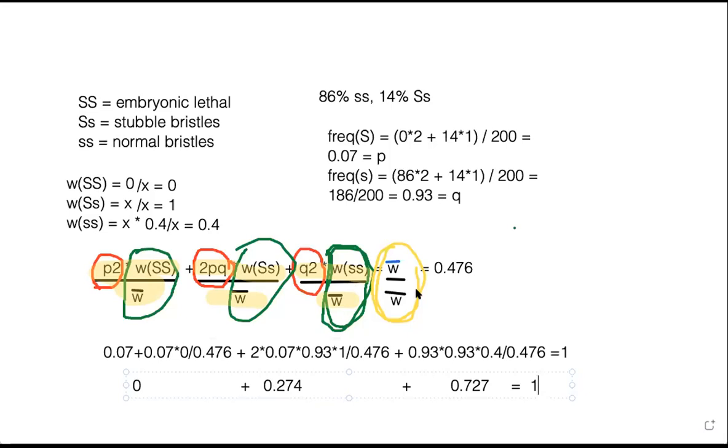And our frequency of normal bristled flies is going to go down from 86% to 72.7%. So it's going to take a noticeable fall. And that's how you plug fitness in to make predictions for the effects of selection.